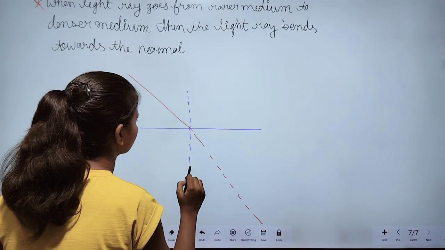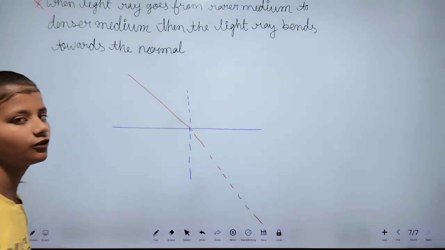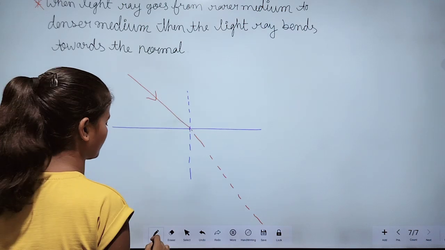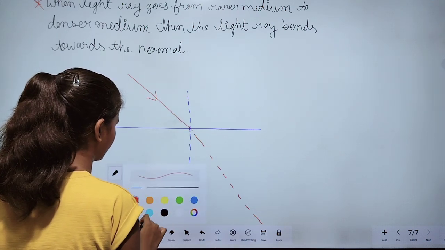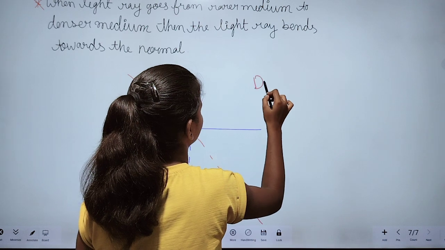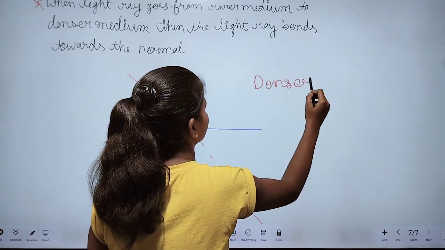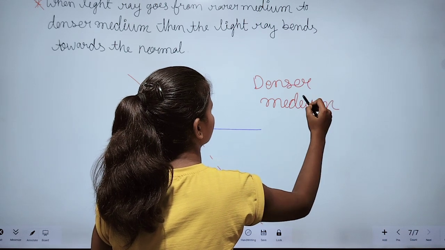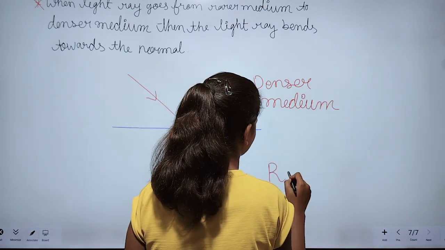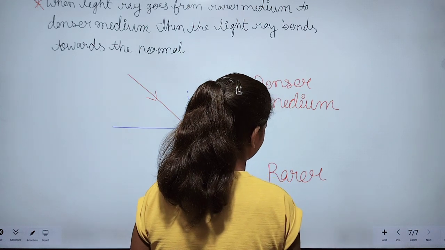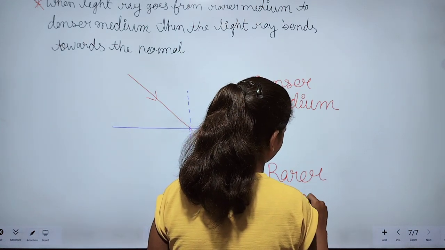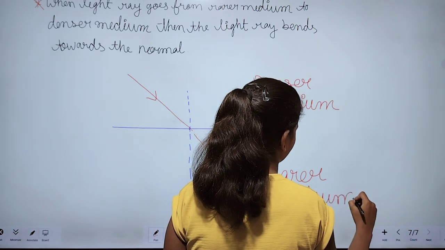This one is our normal to the point of incidence. This one is the denser medium and this one is the rarer medium.